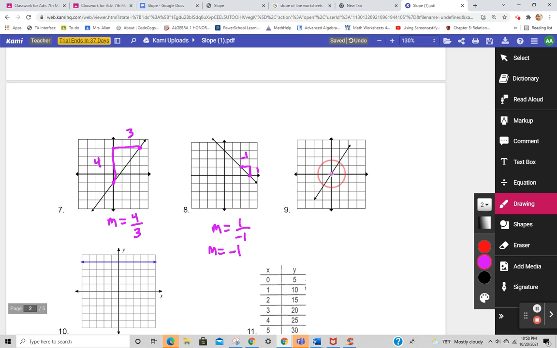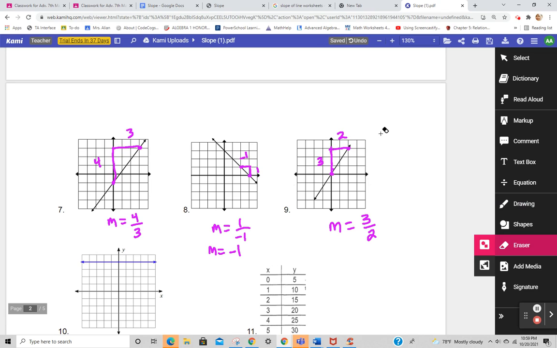All right, let's look at the next line. How about if we select this point and this point? We're going to rise 1, 2, 3, and run 1, 2. So our slope M, rise 3, run 2. Now I could ask you if this is the graph of a proportional relationship.